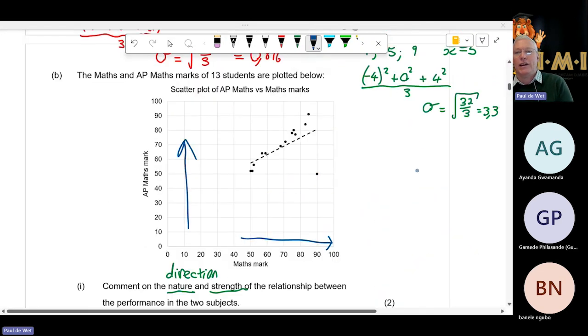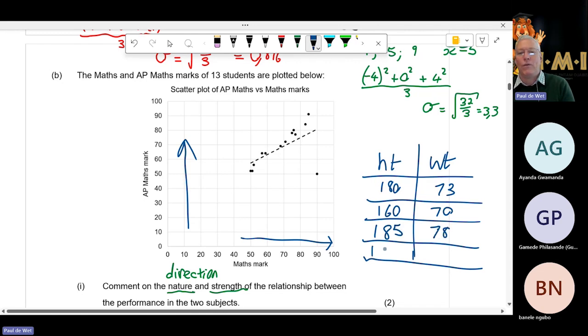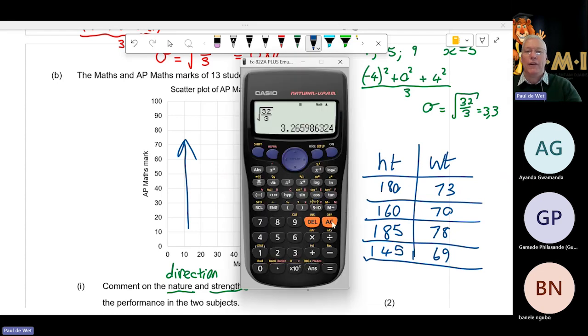If you get a table on your calculator, so let's say it's height and weight, and we've got some people here: 180 and 73, 160 and 70, 185 and 78, 145 and maybe 69. Okay, you guys know how to do this. I'm not going to do the whole thing. I'll just quickly show you.